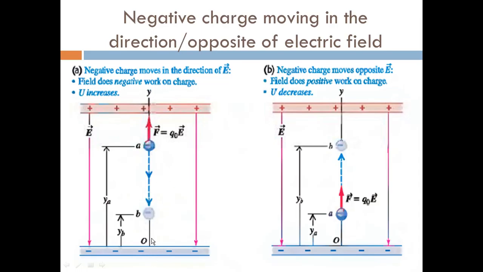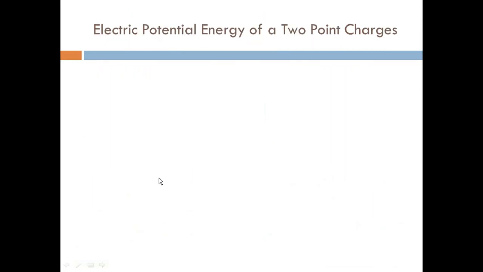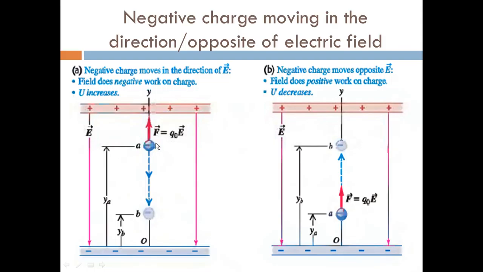The overall effect of this repulsion and attraction of the lower and the upper plate forms this amount of force applied on our negative charge, which is computed by this equation, F is equal to Q sub 0 times E. Now, if, for example, the charge was forced to move from point A to point B, the displacement would be towards this direction, and the force is in the opposite direction.